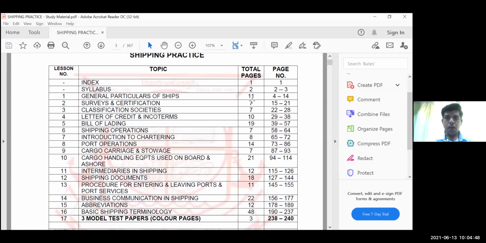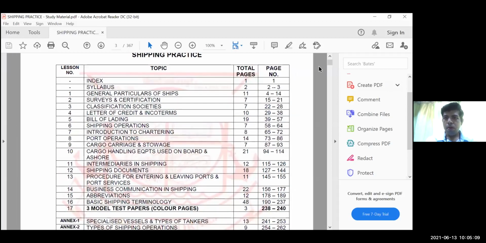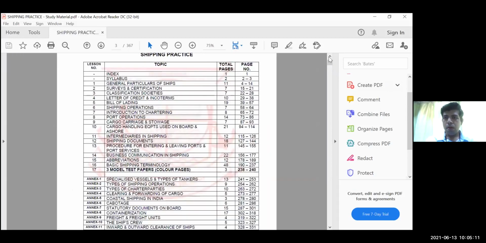One second. No, but is my screen visible? Yes, sir, your screen is visible, but it has got zoomed in very close to the camera. Can you please confirm now? Yeah, sir, it's much better. Okay, sir.